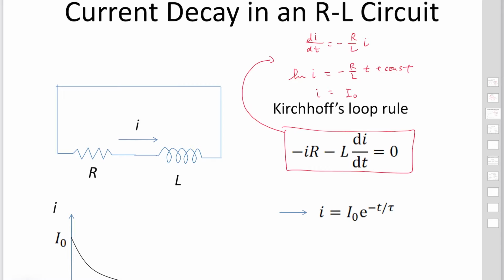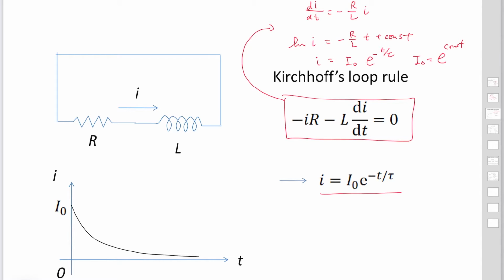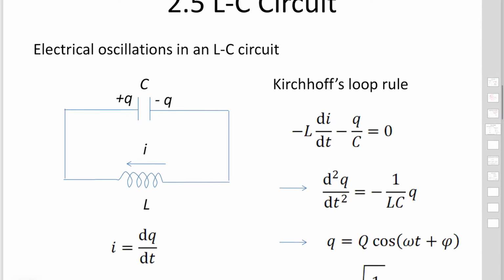I becomes I sub 0 exponential of minus t over tau. So I sub 0 is the exponential constant. So we have an expression for this one. So current is decreasing.